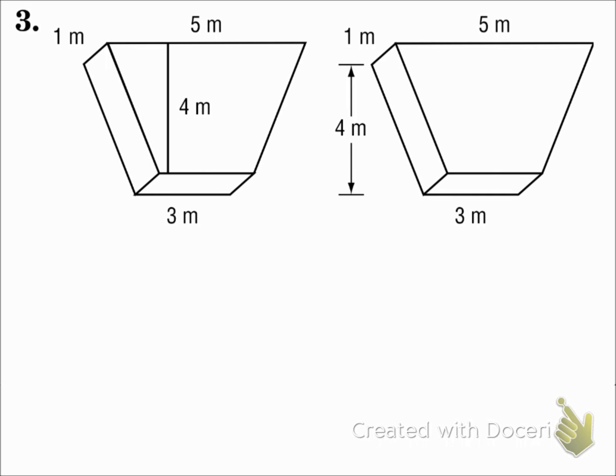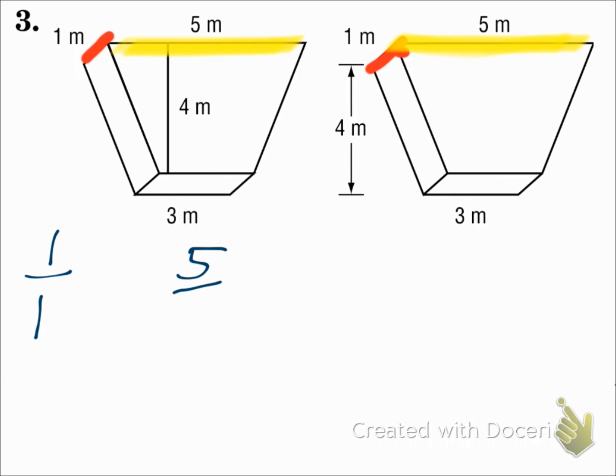For these two prisms, let's check the corresponding parts. The height of 1 matches the height of 1. This distance of 5 is the same as this distance of 5. The height of the trapezoid base is 4, and that one is 4.